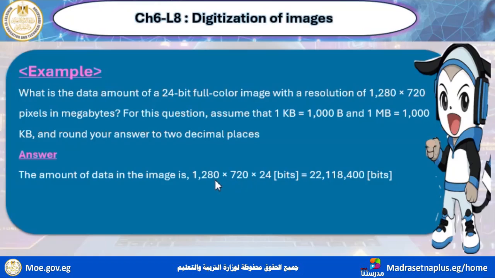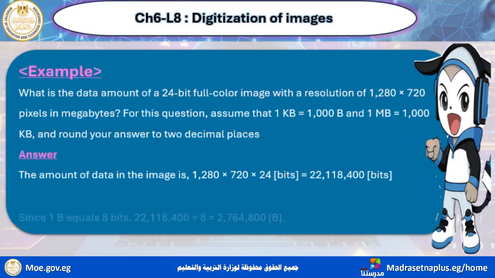The answer is clear: the pixels are represented in bits, the depth is represented in bits, so the result will be in bits. Now we have the result in bits. We want to convert it to kilos and then to megas.